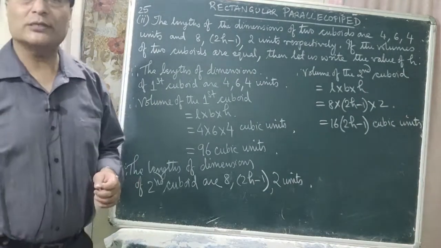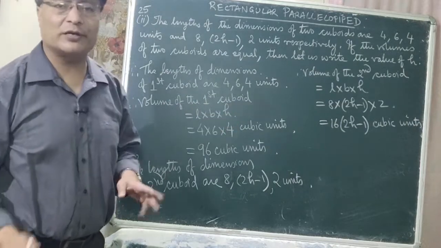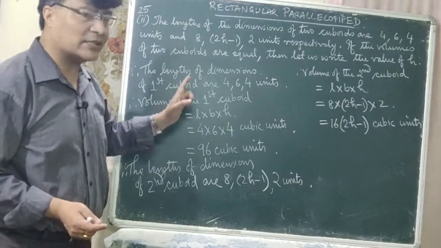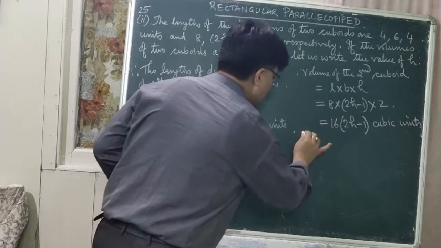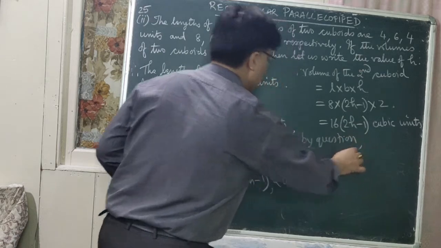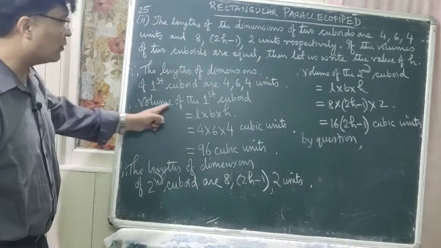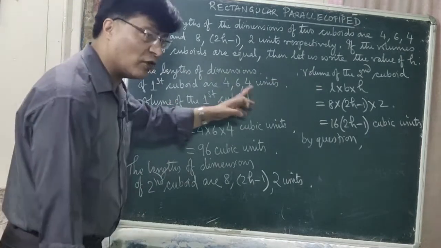So in the question it is given that the volumes of these two cuboids are equal. So in this case you have to get the value for h. Okay, so now by the question you know that the volume of the first cuboid is equal to the volume of the second cuboid. So you can equate these two volumes, right?